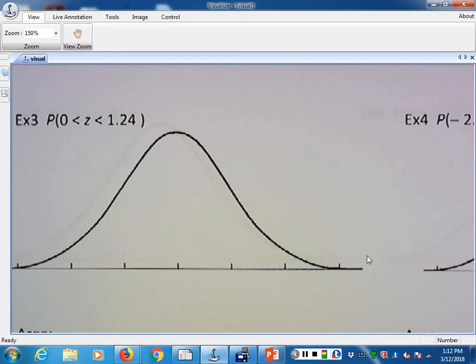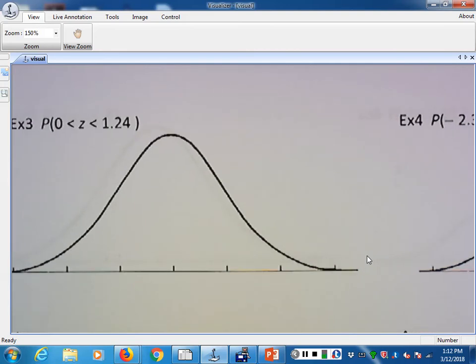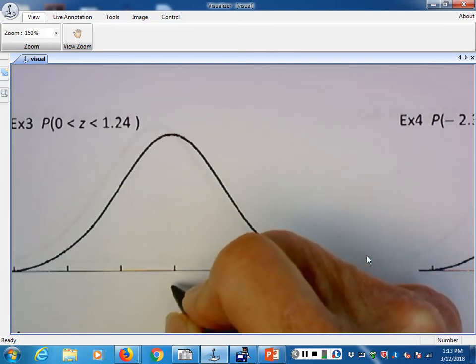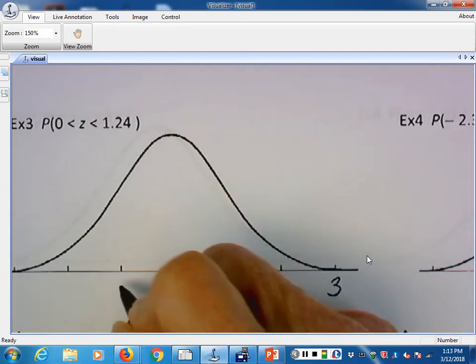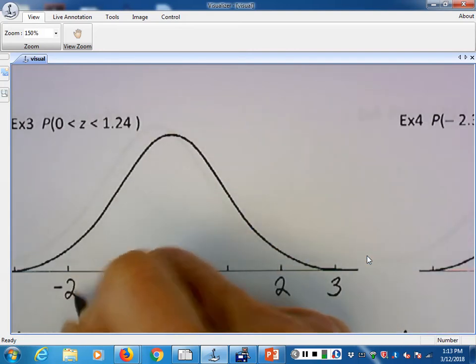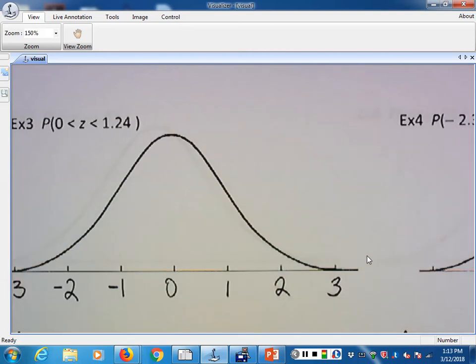So we're going to do one more, and then I'm going to take questions in case anybody has any. We're going to do example 3. There again, normal curve, 0, 1, 2, 3, -1, -2, -3. This one has 2 boundaries.